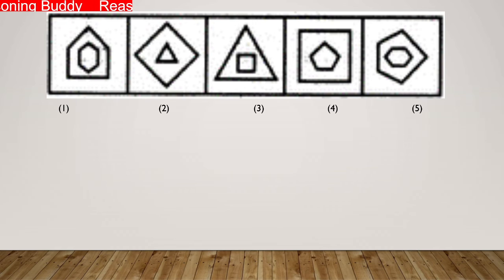Okay, time up. So see here. The outline figure is a pentagon. It has 5 line segments. The inside figure is a hexagon. It has 6 line segments. And in figure 2, the outline figure is a square, 4 line segments. The inside figure is a triangle, that is 3 line segments.